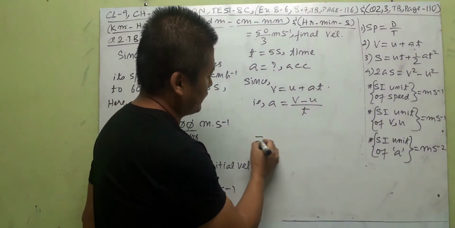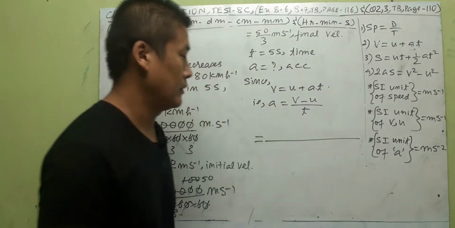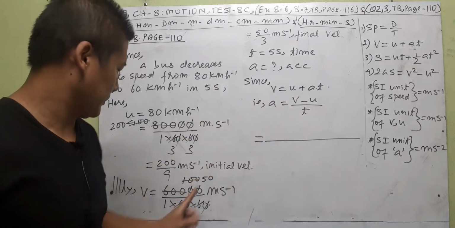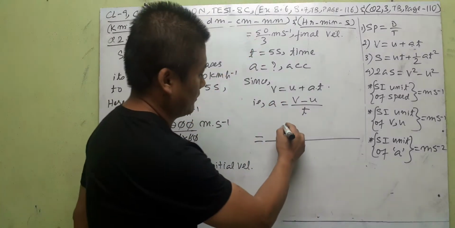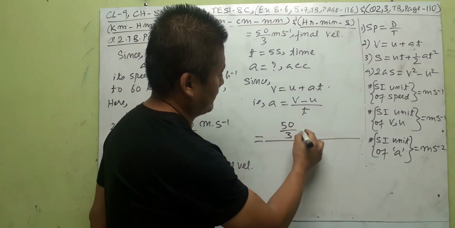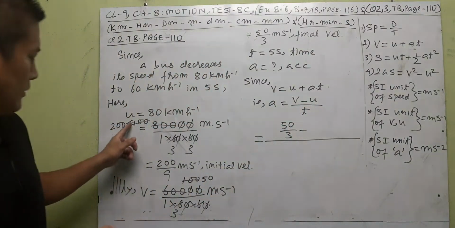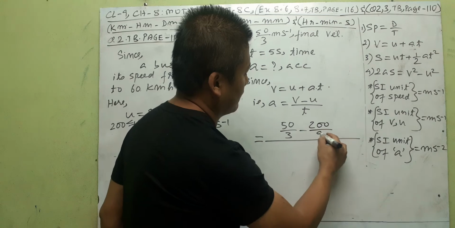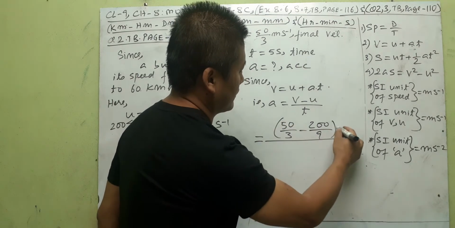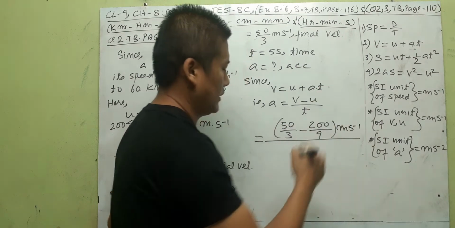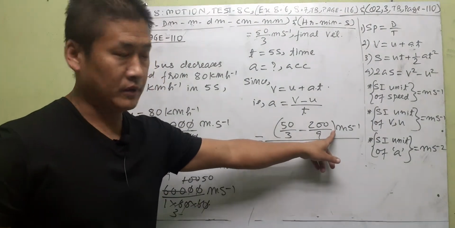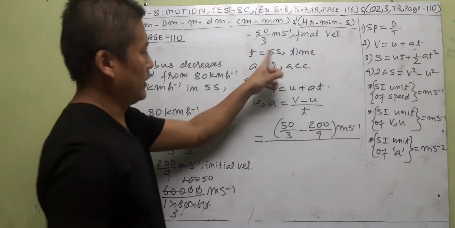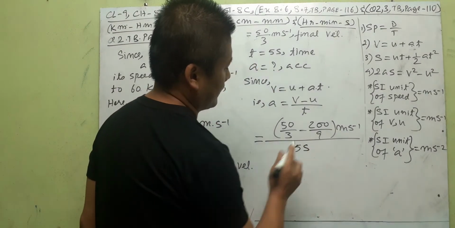So here, very important, put your equal and put a long line first, because you're going to have fractions on the numerator. V here is, as you can see, 50 by 3 minus u here is, as you can see, 200 by 9. We have to use the SI unit. So here meter per second. Both of them have the common same unit, so we can take it out of the bracket as a common factor. So here time is here 5 seconds.